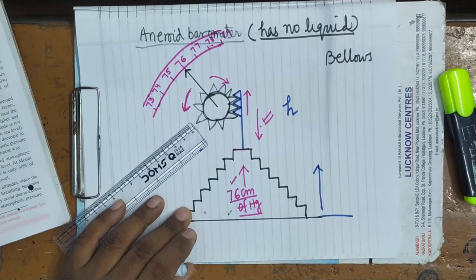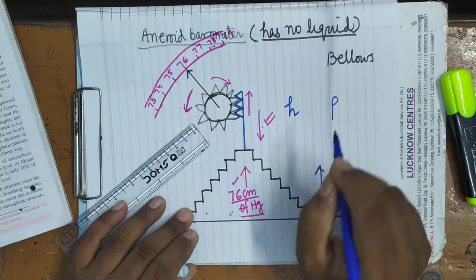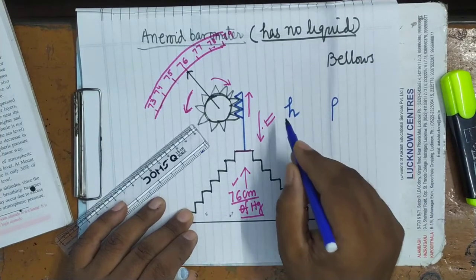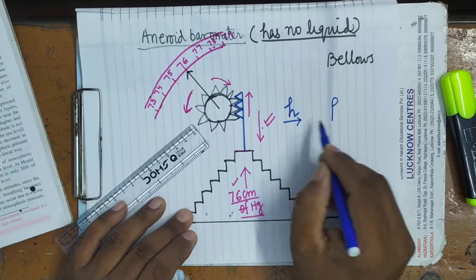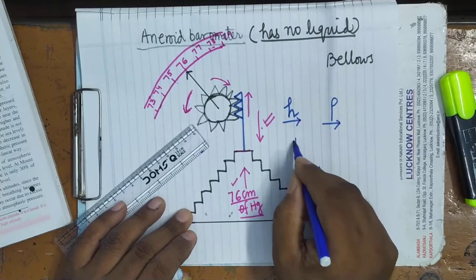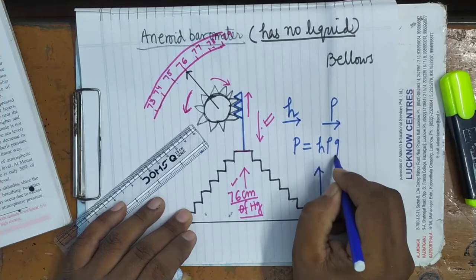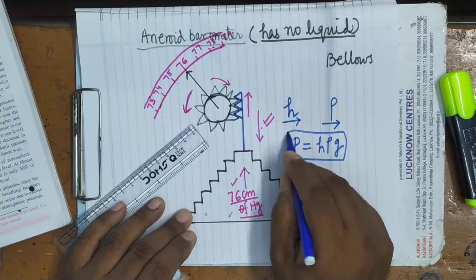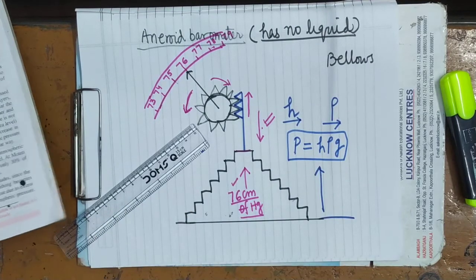As well as the air will become rarer, meaning its density will also decrease. So when the height of the air column on you is decreasing, as well as the density of air is decreasing, what will happen to the atmospheric pressure at greater heights? It will decrease. So atmospheric pressure decreases on going above the sea level.